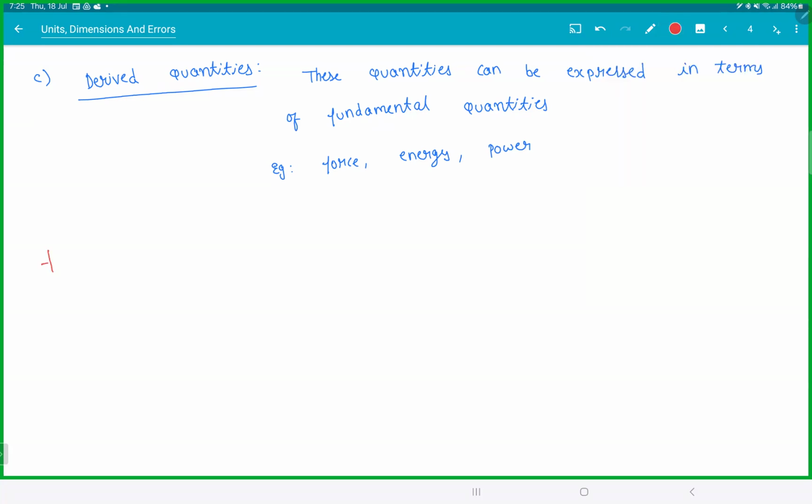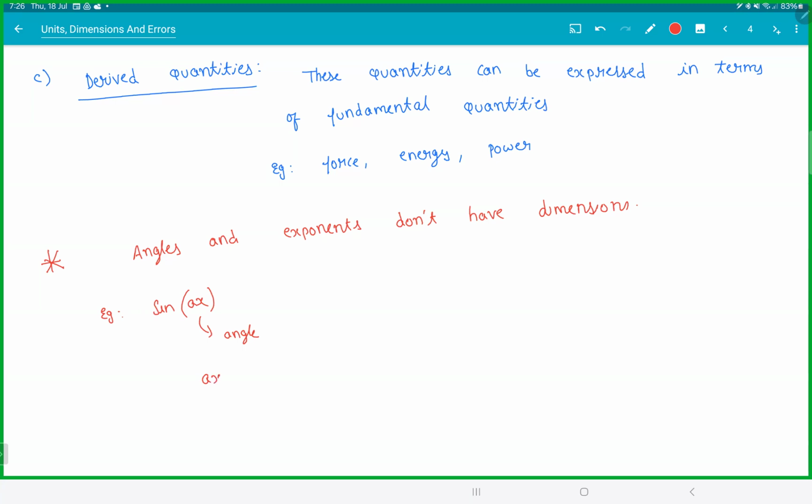Now, a few things we have to be careful about here. Angles and exponents don't have dimensions. Example: if you say sine of ax, this quantity is an angle.